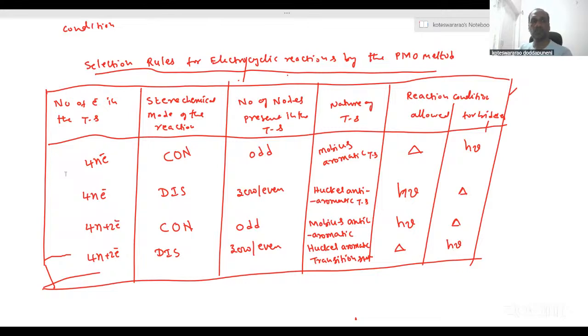First, take the 4n electron system undergoing conrotatory electrocyclization.